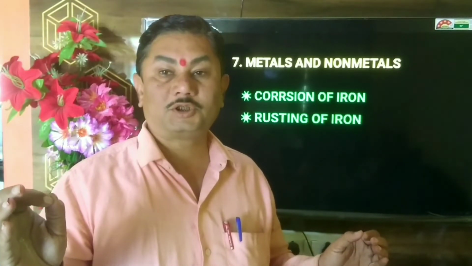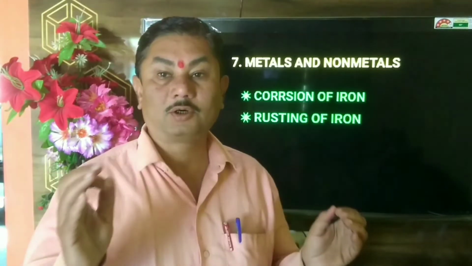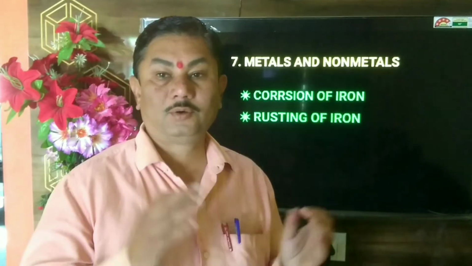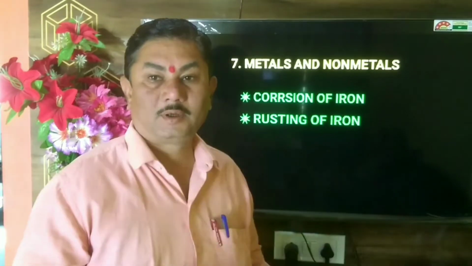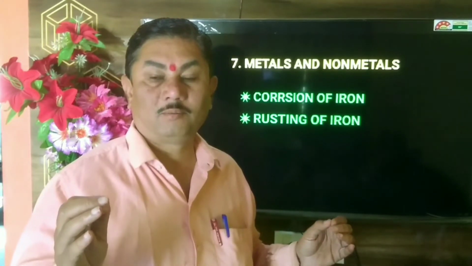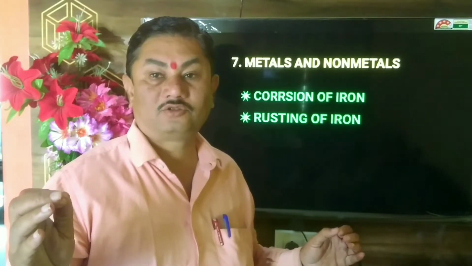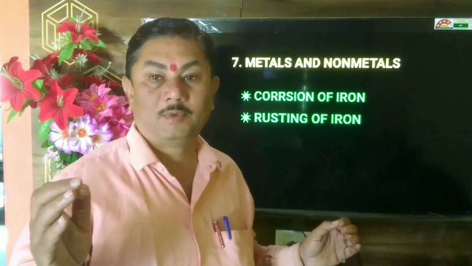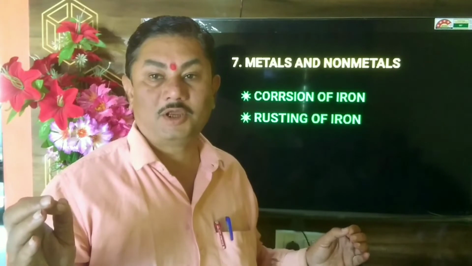Friends, first we see what corrosion is. The oxidation of metals takes place due to various components of the atmosphere like gases, moisture and vapors of various chemicals, and forms compounds of metals which result in their damage.